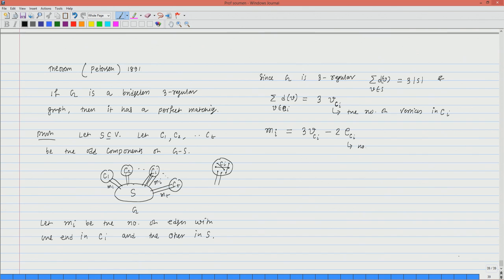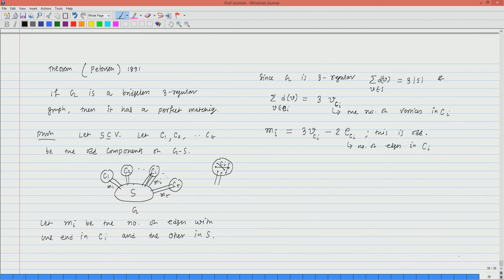Here E(Ci) is the number of edges in Ci, and you can check that this number is odd, because Ci is an odd component.